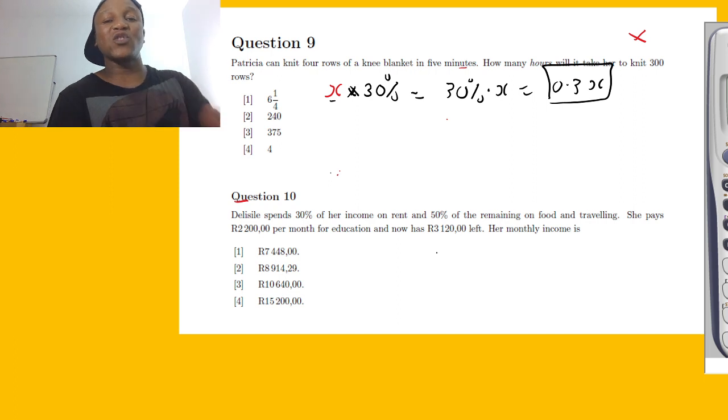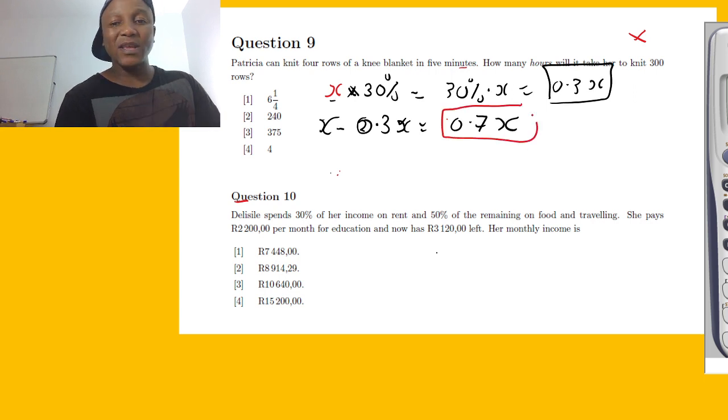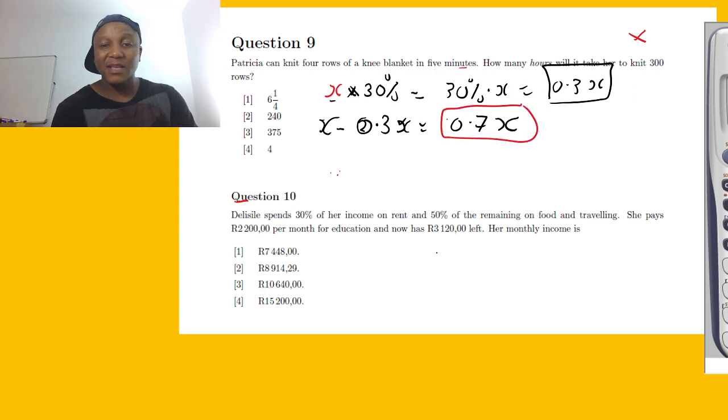Let's see what she's going to be left with. We're going to say her income, which is X, minus what she has spent. This is going to give us 0.7X, which she's going to be left with. Next step. They say here also, 50% of the remaining for food and traveling.